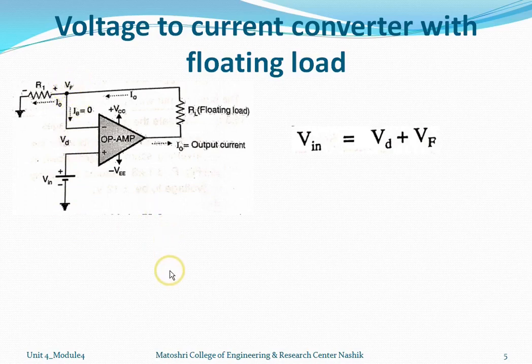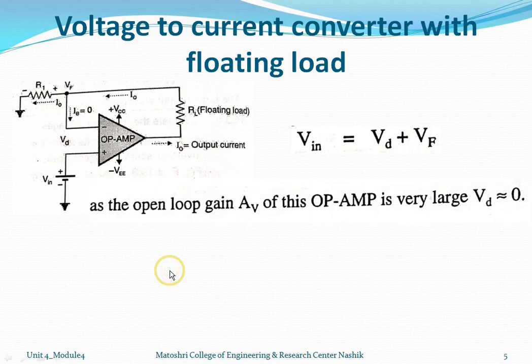But as we know, the open loop gain of the op-amp is very large, so the difference between the input voltages is approximately 0. Due to the large open loop gain, VD equals 0, and we get the input voltage equal to the feedback voltage Vf.